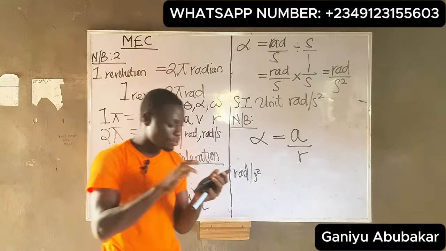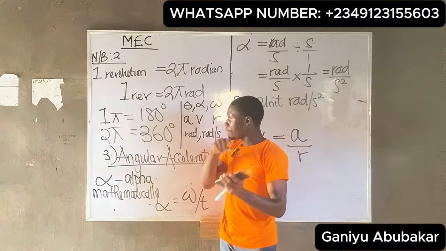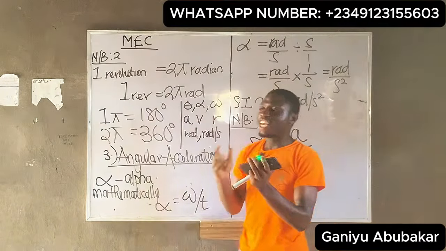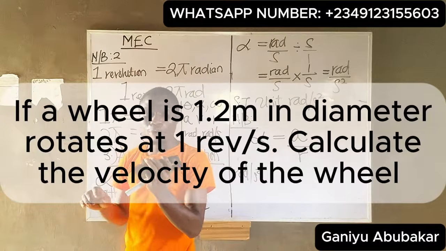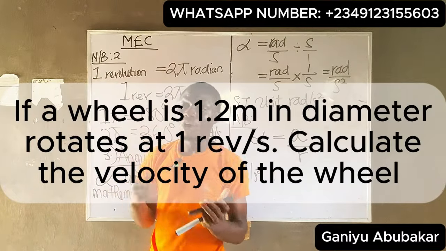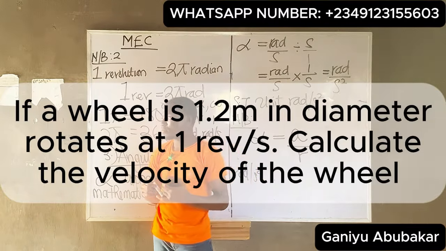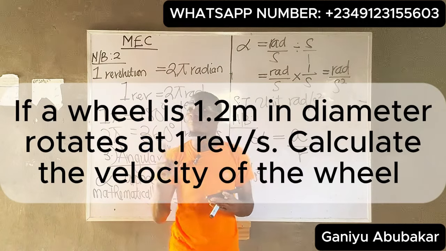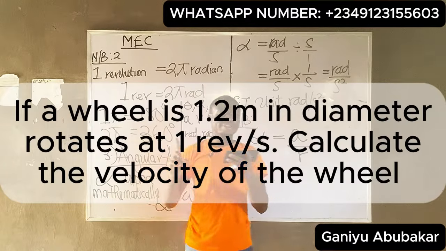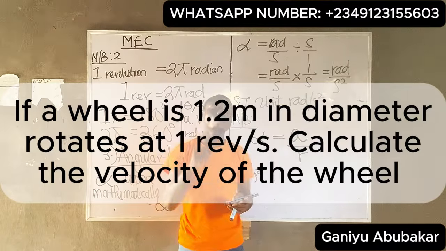Pass to number 1, please. Number 1. If a wheel, 1.2 meter in diameter, rotates at 1 revolution per second.